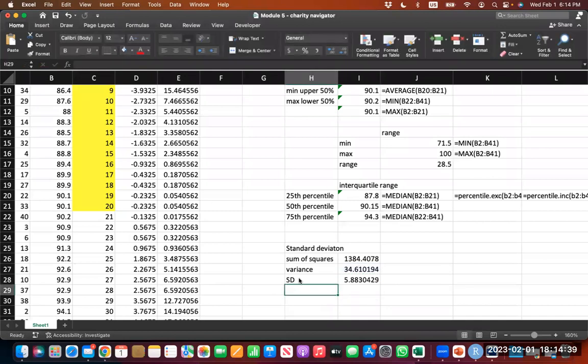SQRT of the variance gets you a standard deviation of 5.88. So you came from calculating the difference of each individual entry from your mean, which was positive and negative. You're squaring it, you get then an average squared deviation, which is your variance. And then you take the square root and you get a standardized deviation from that mean. And that's your measure of variability.